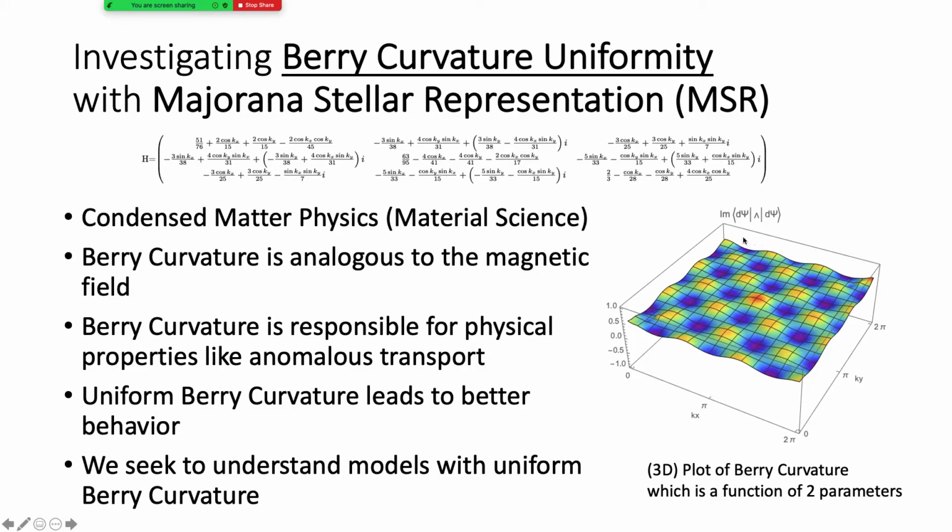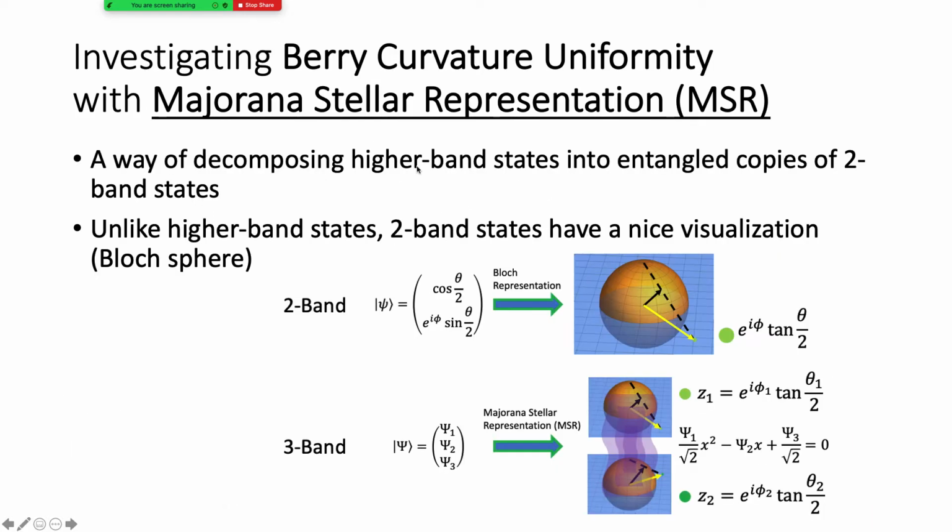So I set out to answer why, for some 3x3 matrices, the Berry curvature is a nice graph. And I do so using the technique known as Majorana-Stellar representation.